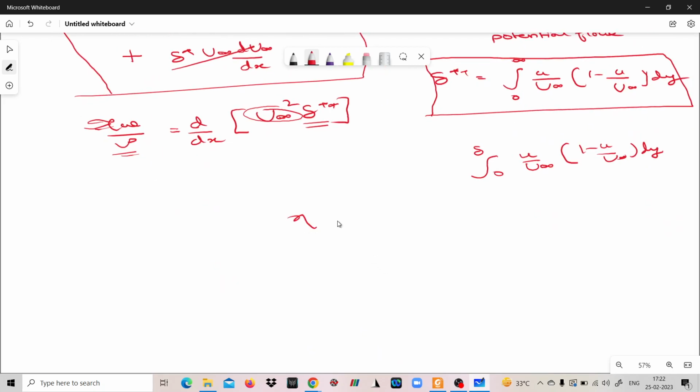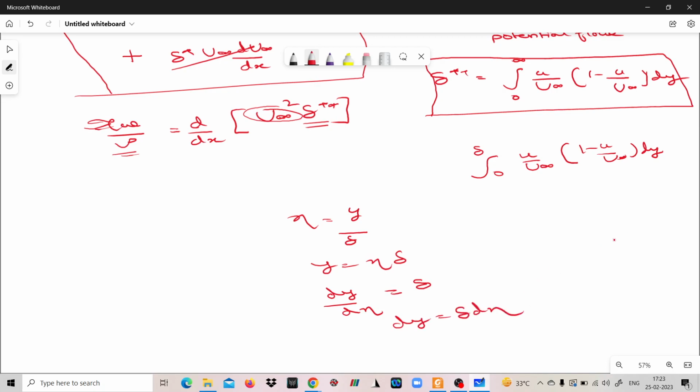Eta is equal to y by delta, or y is equal to eta into delta. So dy will be equal to delta into d eta.